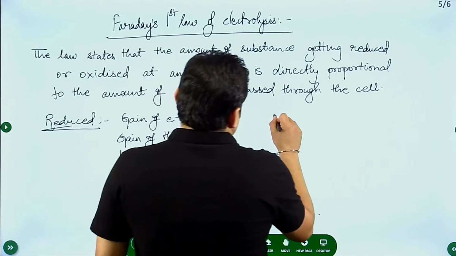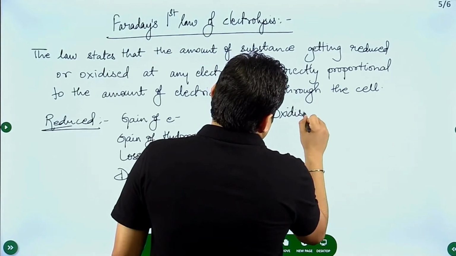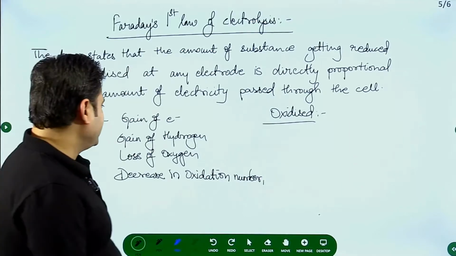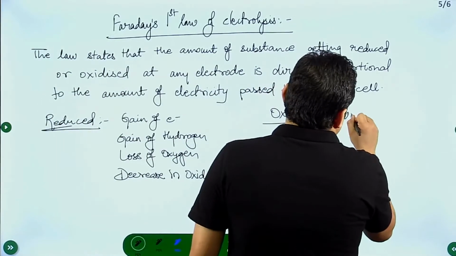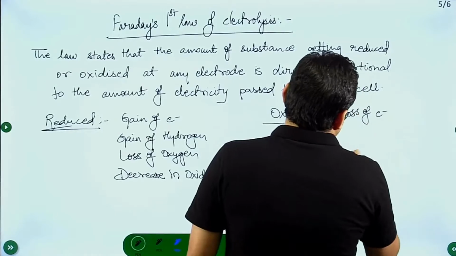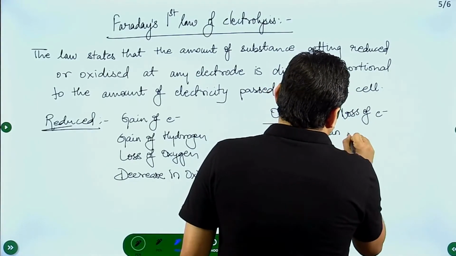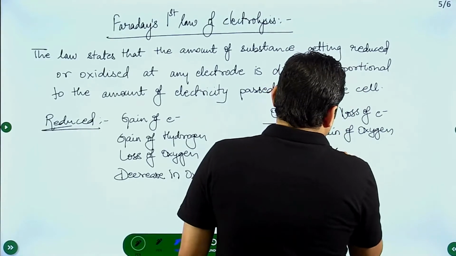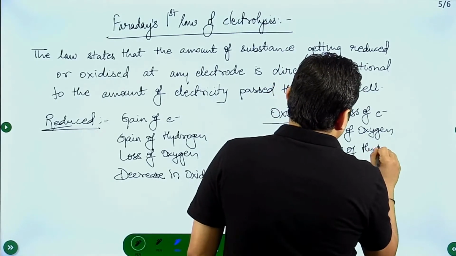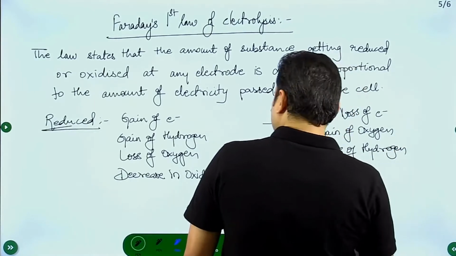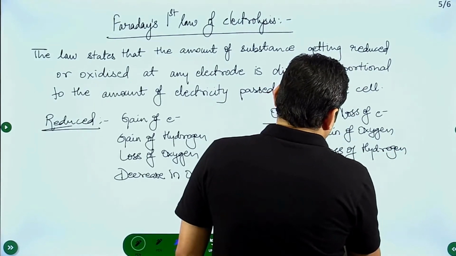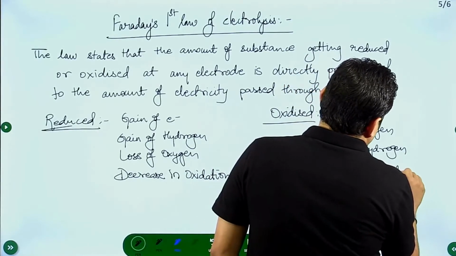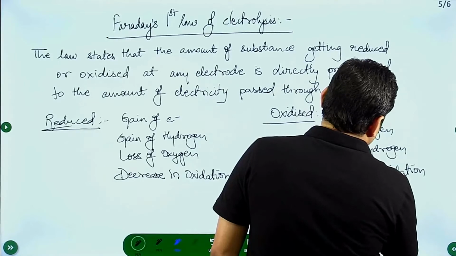How do you say oxidized, or how do you identify that oxidation is taking place? You identify oxidation by loss of electron, by gain of oxygen, okay, by loss of hydrogen, okay, or by increase in oxidation number.